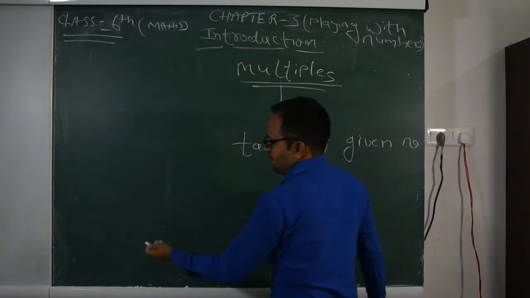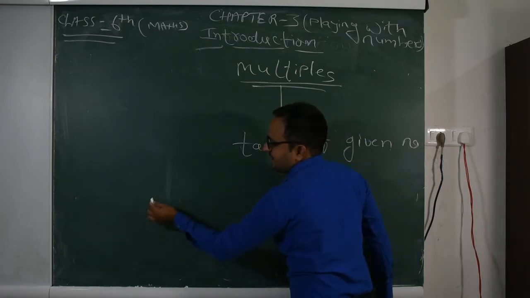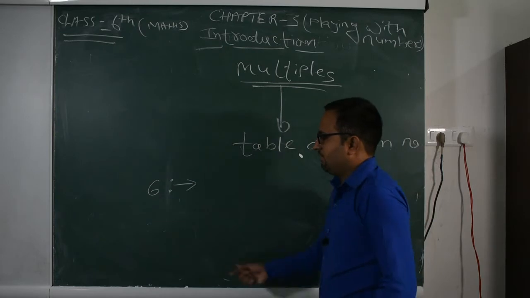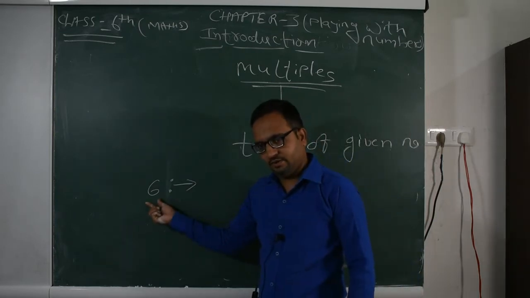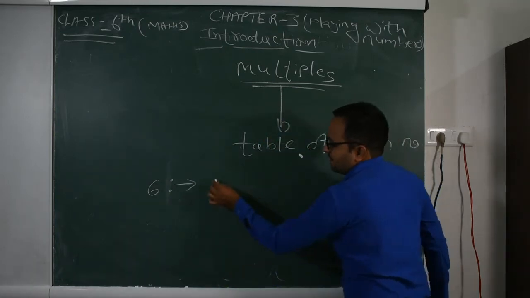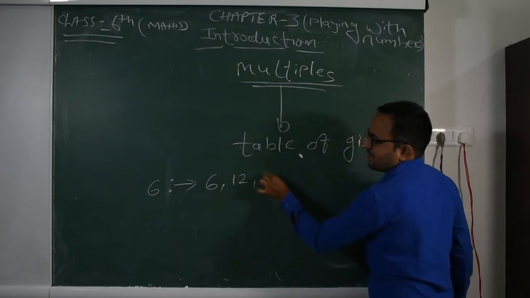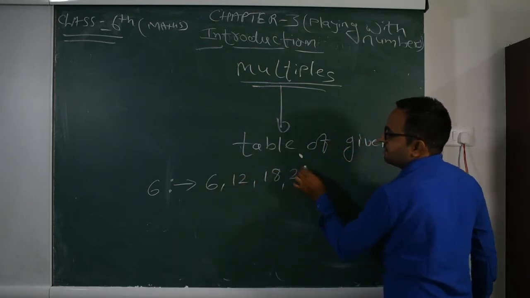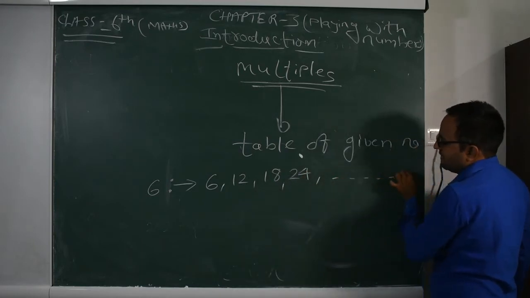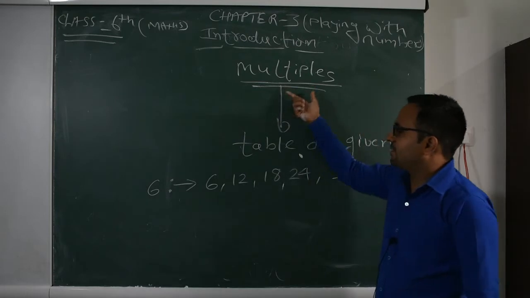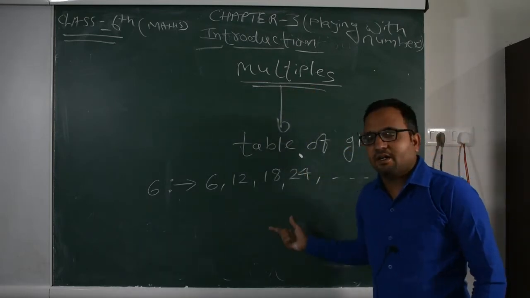For example, we take 6. Now we find the multiples of 6. So we use the table: 6 ones are 6, 6 twos are 12, 6 threes are 18, 6 fours are 24 and so on. So multiples are the table of a particular number.